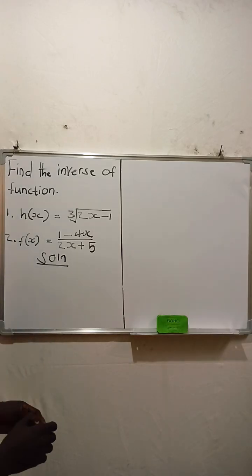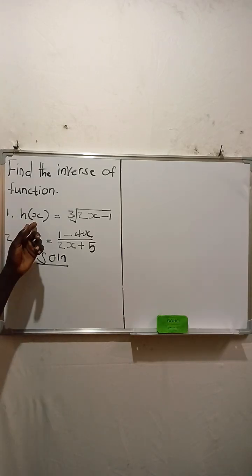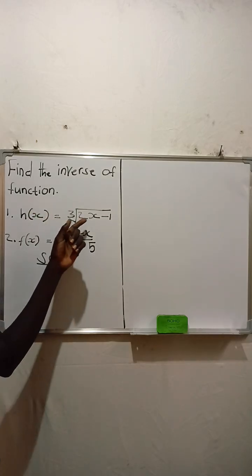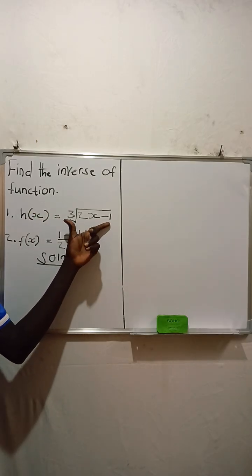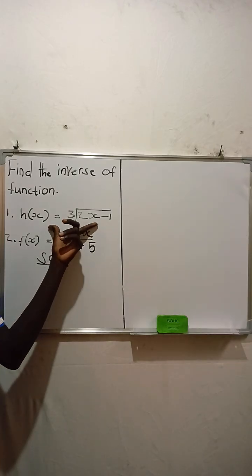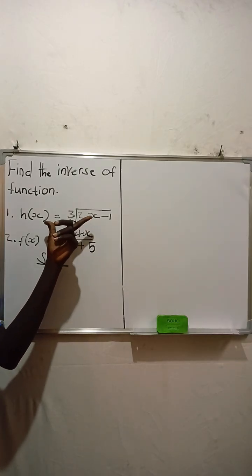Here we have h of x equal to the cube root of 2x minus 1. What we're going to do in this question is let the whole equation be y.